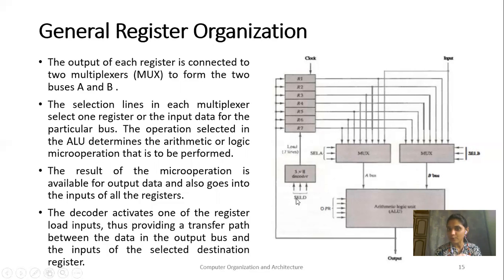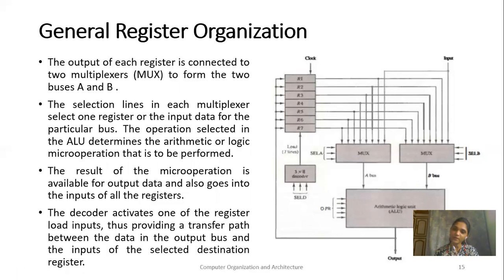By providing this 3-bit control, you select any one register, and only that register's input is activated, and the data available on the bus is stored into that register. Here we have shown a simple line, but actually it is an 8-bit bus connected to each and every mux. This is how you can connect your general purpose registers.